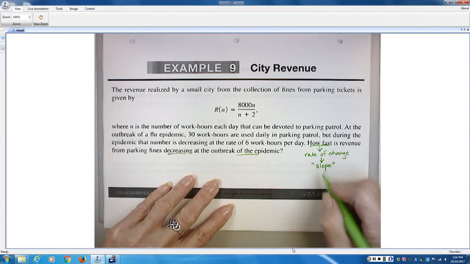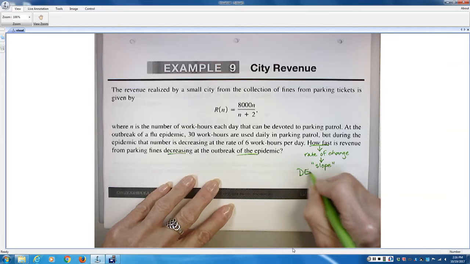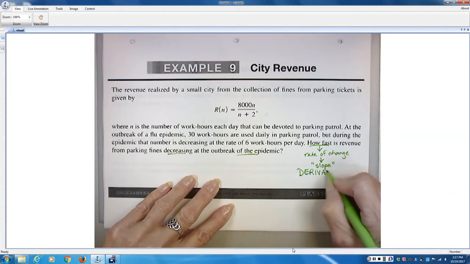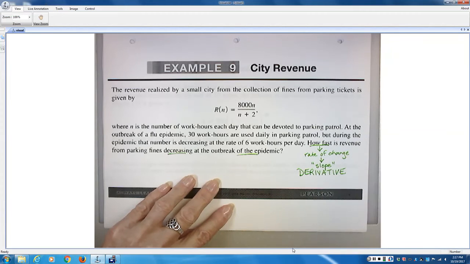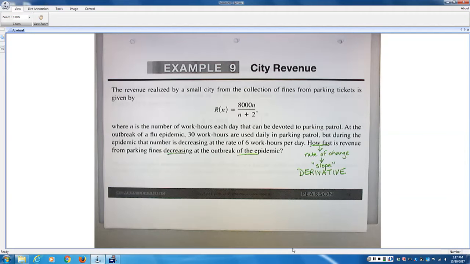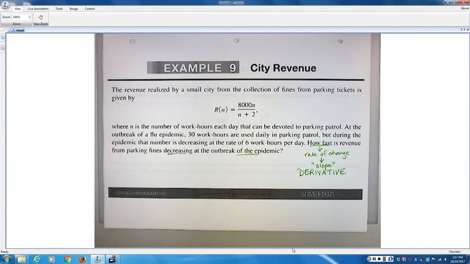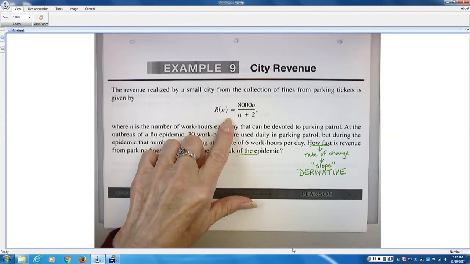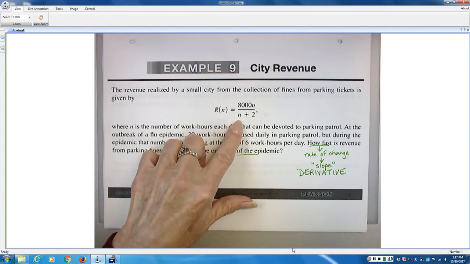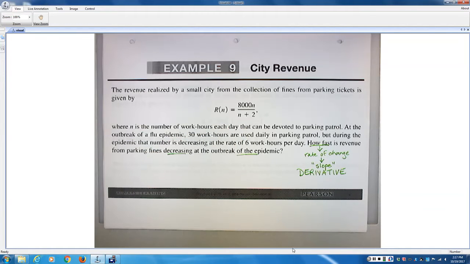And we know as soon as we see rate of change and we see slope, that means take a derivative. Okay? Because it says at the outbreak. So we're looking at a particular moment in time. So the first thing we're going to have to do is take the derivative of that fairly innocent looking function. And it turns out it's not too hard.